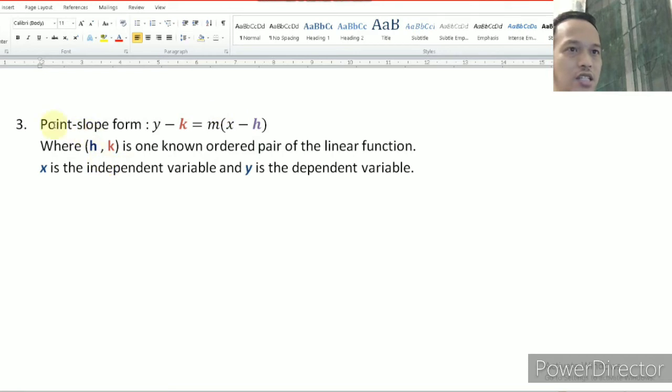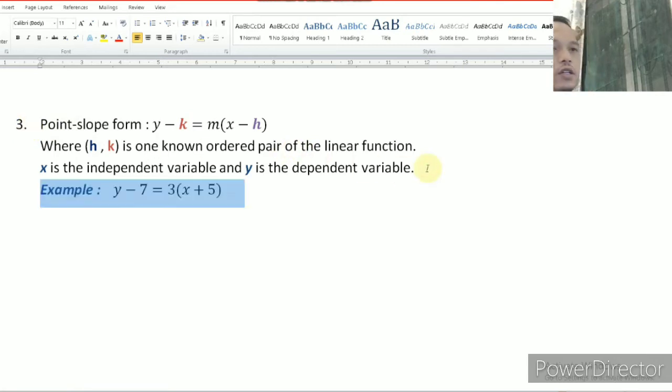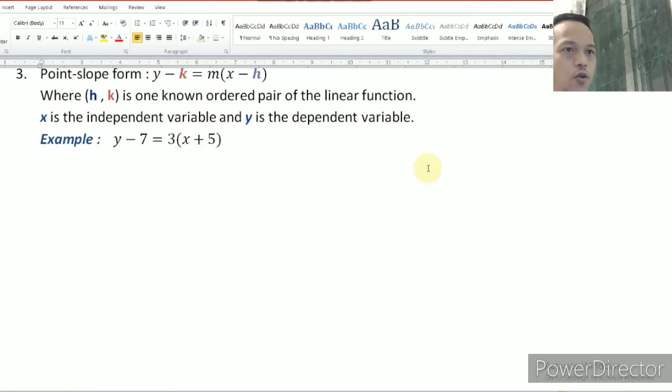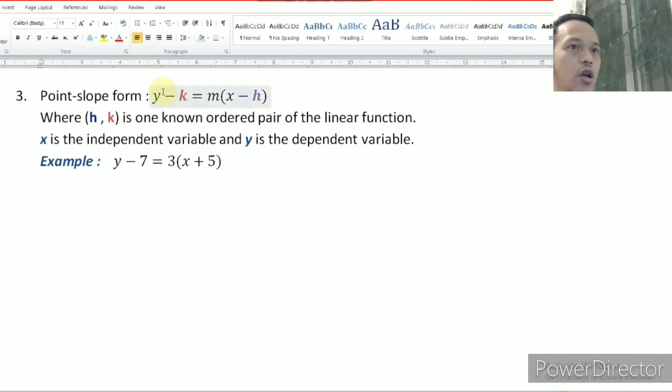The first one is the slope, and a point or one ordered pair that we know. The first example is this: y minus 7 equals 3 times x plus 5. So referring to the point-slope form, it means the m, or the slope, is 3, and then the ordered pair that is contained by this specific equation is negative 5 comma 7.